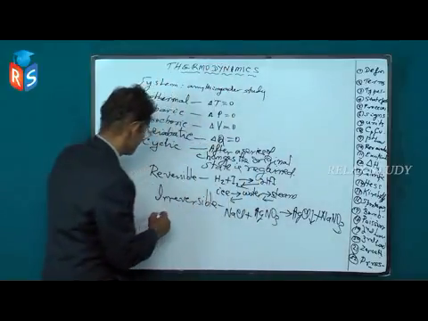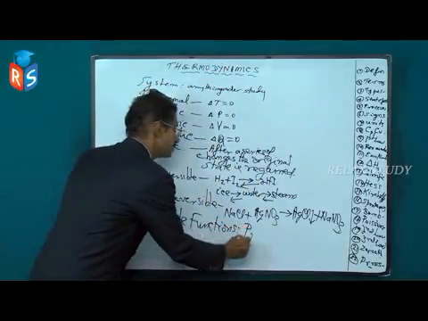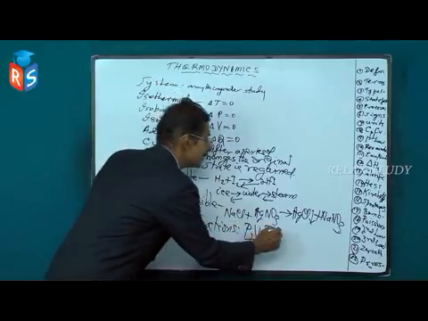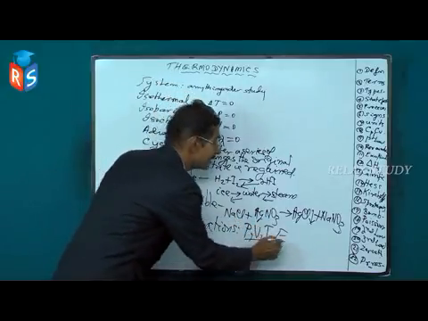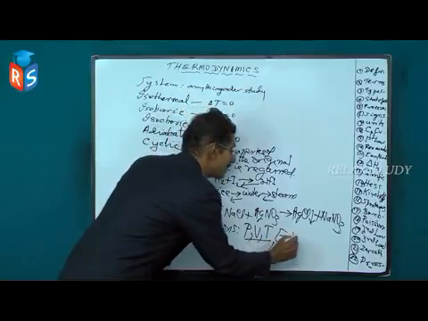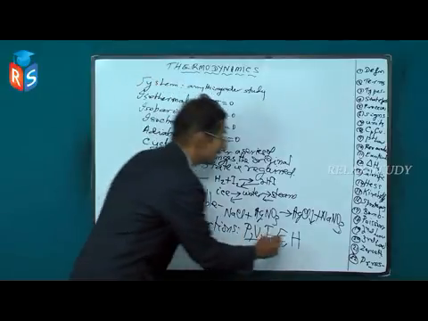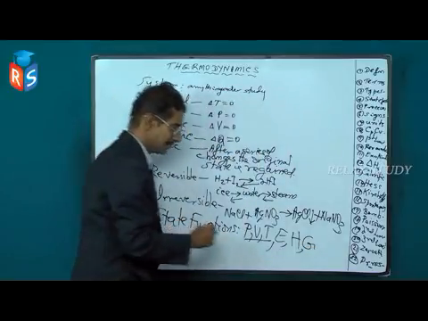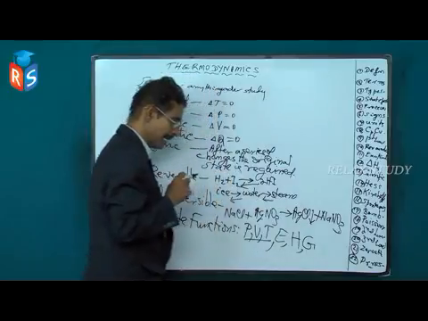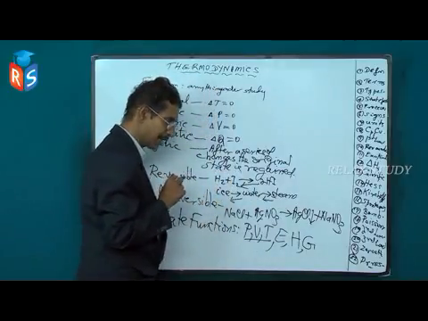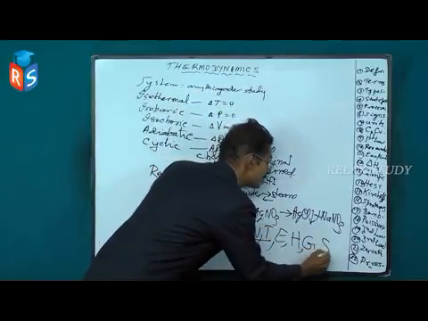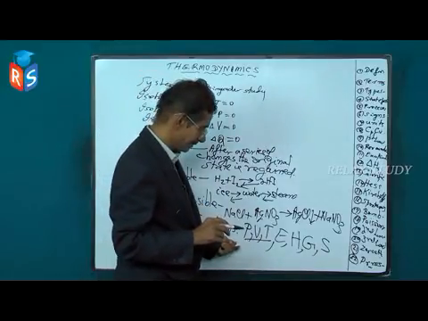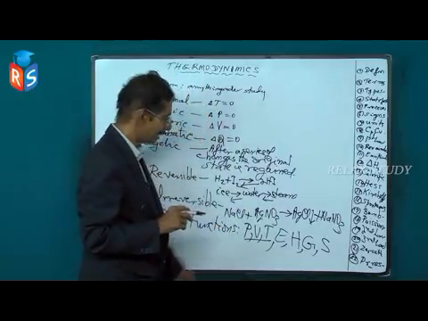The state functions are pressure, volume, temperature, then internal energy E, enthalpy H, or heat energy, free energy G, sometimes called Gibbs free energy, that's why we use the term G, and entropy, capital S. These are the state functions that we come across in the treatment of thermodynamics.